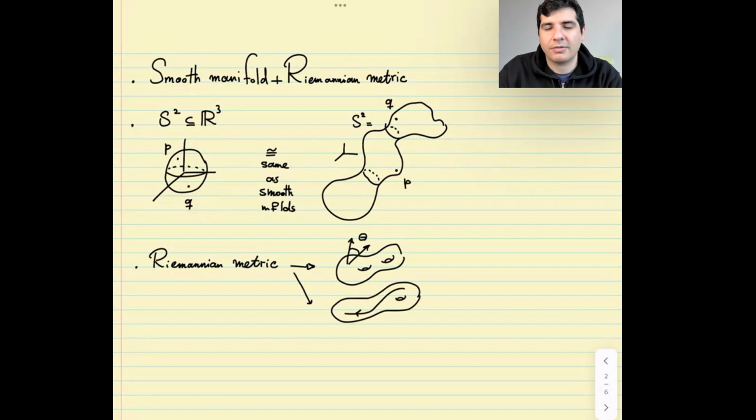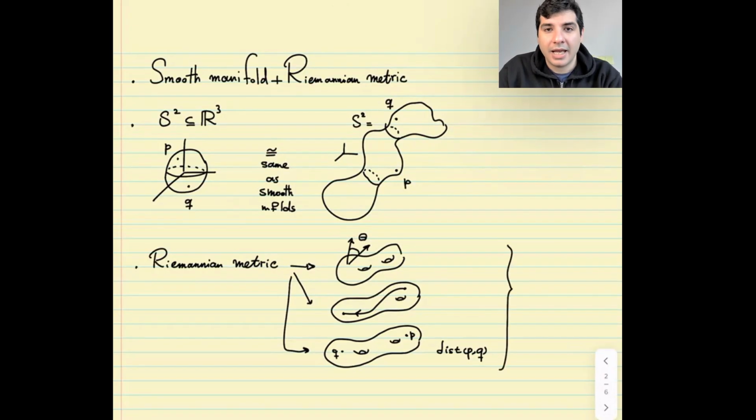Suppose we have a smooth curve on the manifold, like the one we see, it allows us to compute the length of the curve. Also, using that, it allows us to compute the distance between points. So for any two points P and Q on my manifold, I can say what is the distance between P and Q. These are based on this notion of Riemannian metric. And all of these together are the fundamentals of geometry: being able to compute length and angles, etc. We have to know these to do geometry.